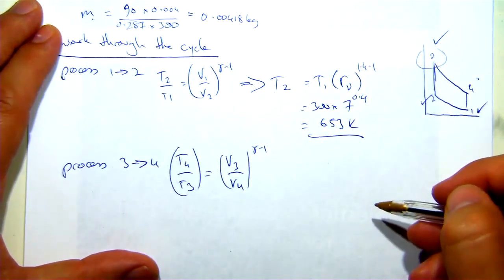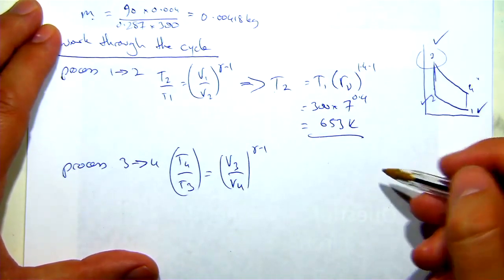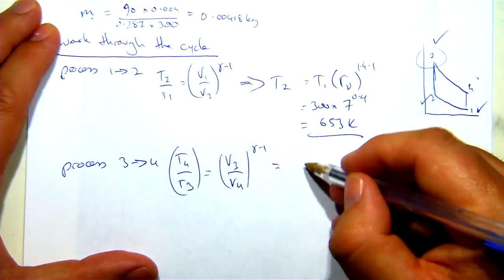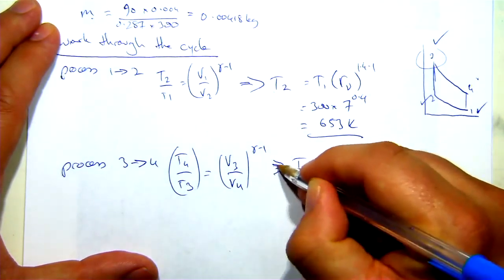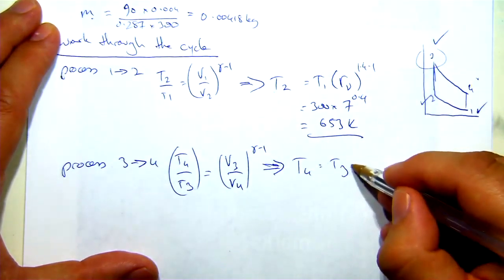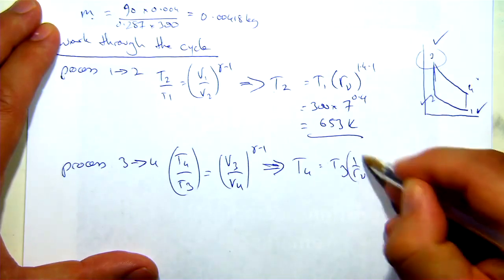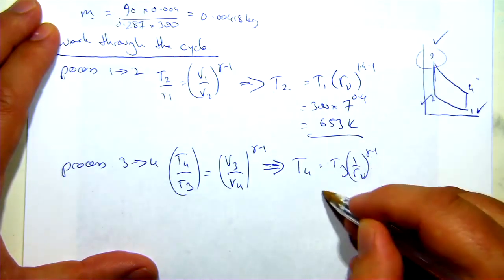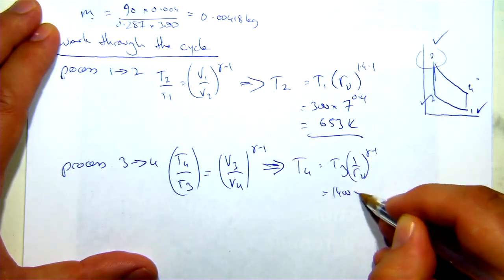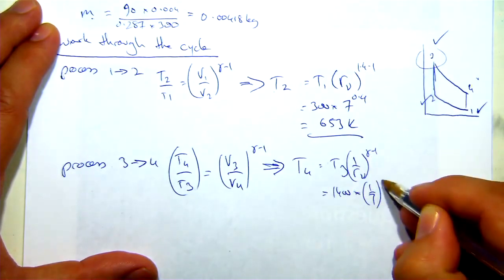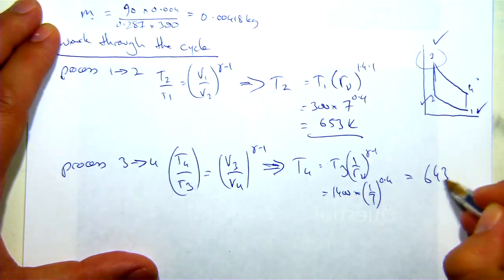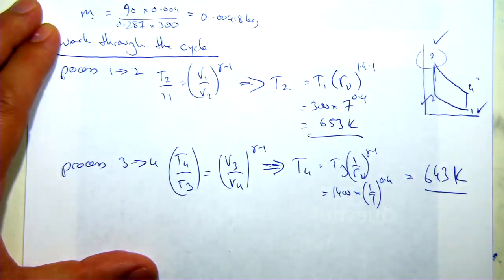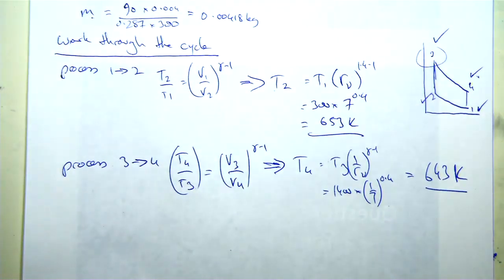V3 on V4 is the inverse of my compression ratio. So I'm going to get T4 equals T3 times 1 on RV to the gamma minus 1, 1400 times 1 on 7 to 0.4 gives me 643 Kelvin. So now I've got the temperature at 4.